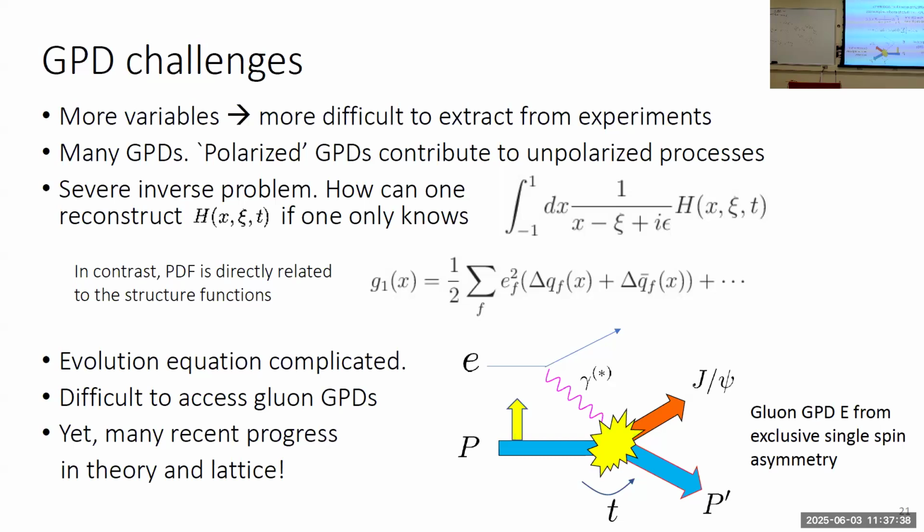So you're talking about h of x and xi being a step function times an exponential. No, h is a real function. Okay, so you cannot have i here.